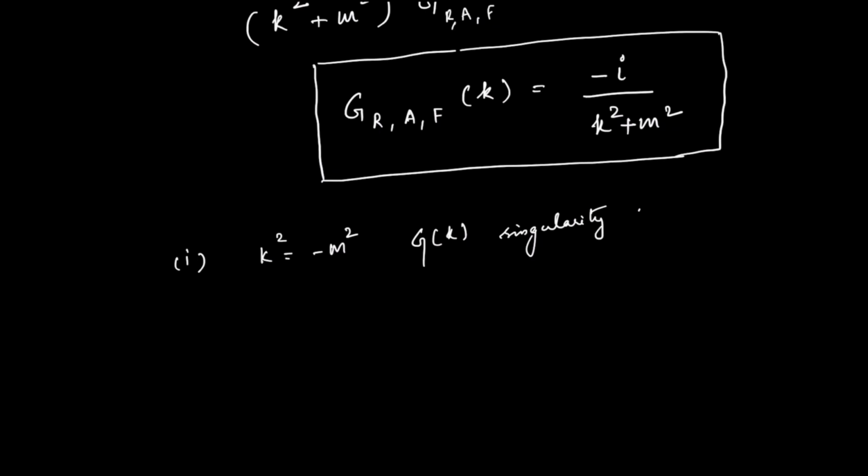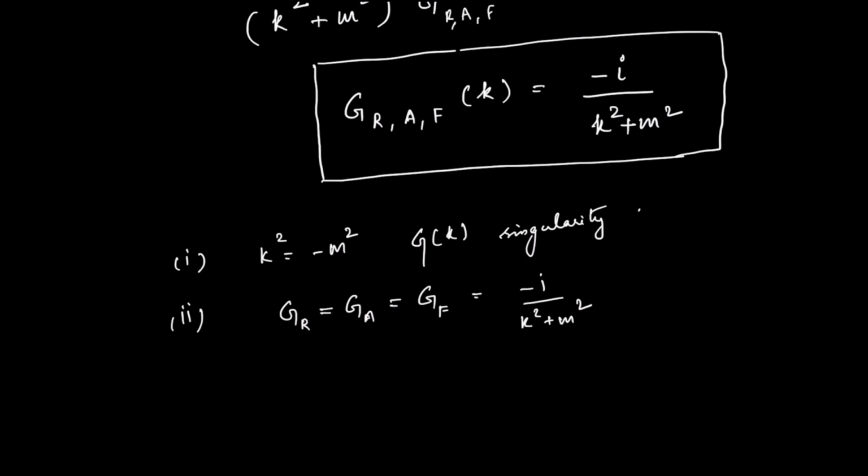Then the second problem is that this expression says that GR is equal to GA is equal to GF is equal to minus i by k square plus m square. There is only a unique solution for all these functions. But that should not be the case. It's not always equal. So I cannot get a unique solution for all the functions.